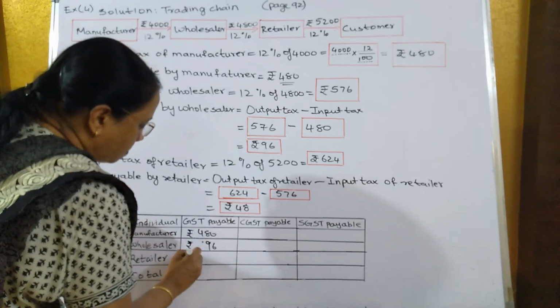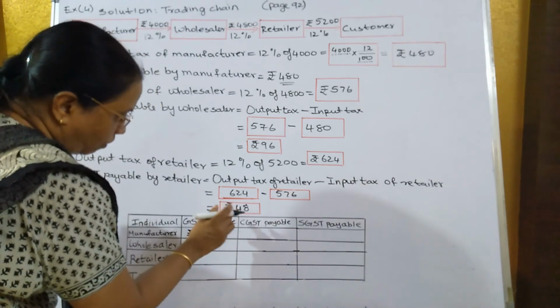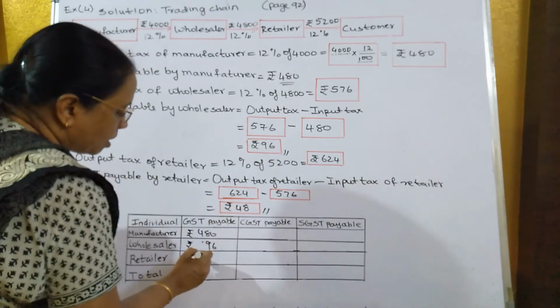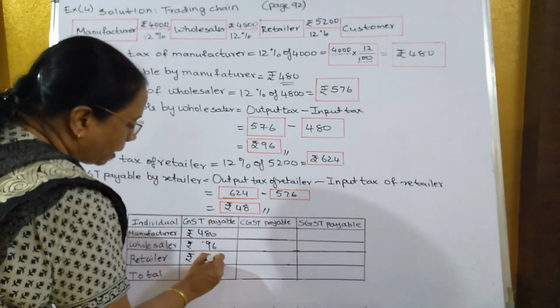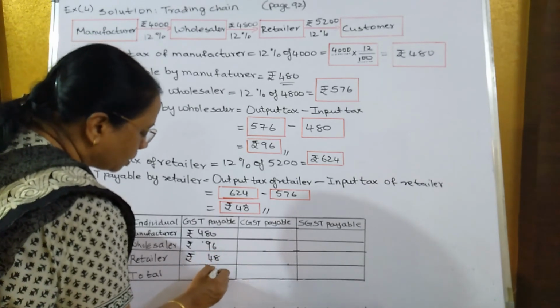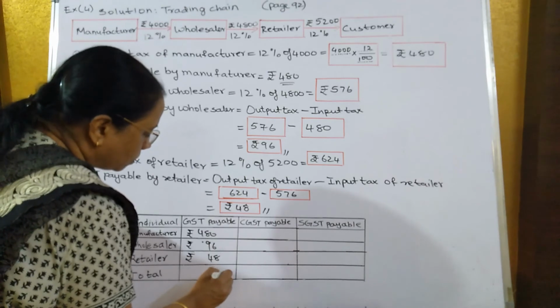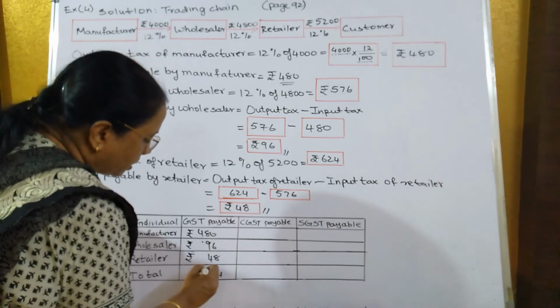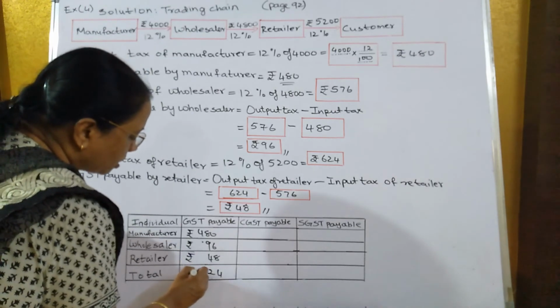And the GST payable by the retailer is 48. So this is the retailer and this is the wholesaler. When you take the total, what do you get? 624.